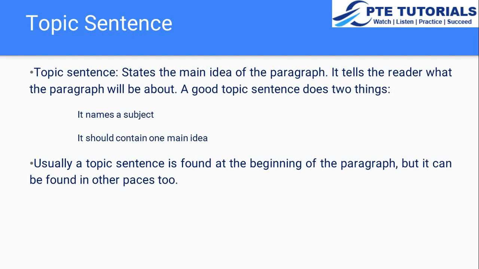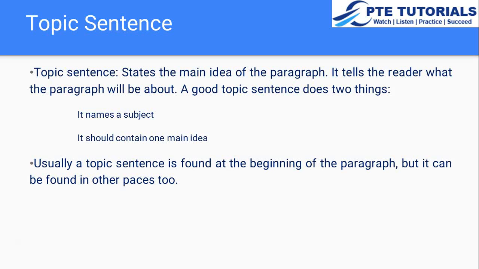A little bit more on the topic sentence. It states the main idea of the paragraph. It tells the readers what the paragraph will be about. A good topic sentence does two things. It names a subject, and it only contains one idea. If it has more than one idea, split that sentence into three or more, depending on how many ideas.